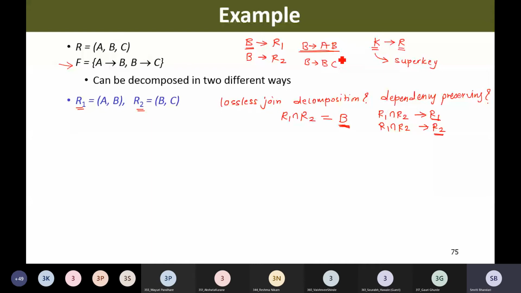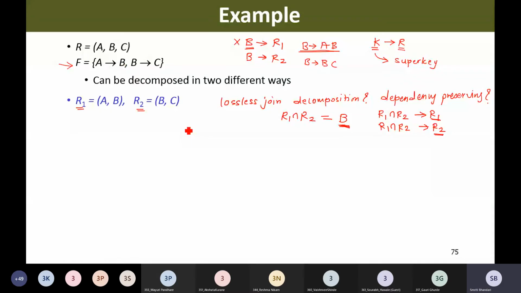B determines B, but whether B determines A, no. Because in our set of functional dependencies, the dependency that exists is A to B, A determining B, but B is not determining A, right? So B cannot be the super key of R1.